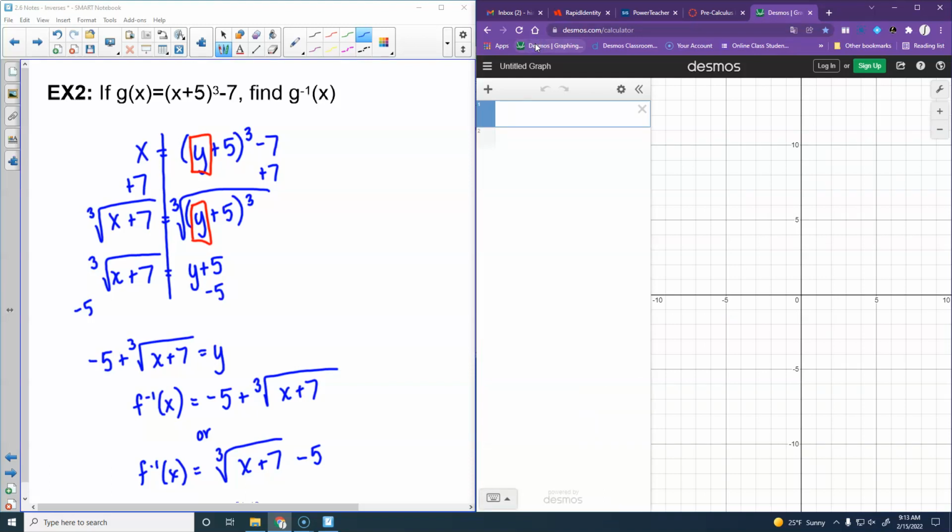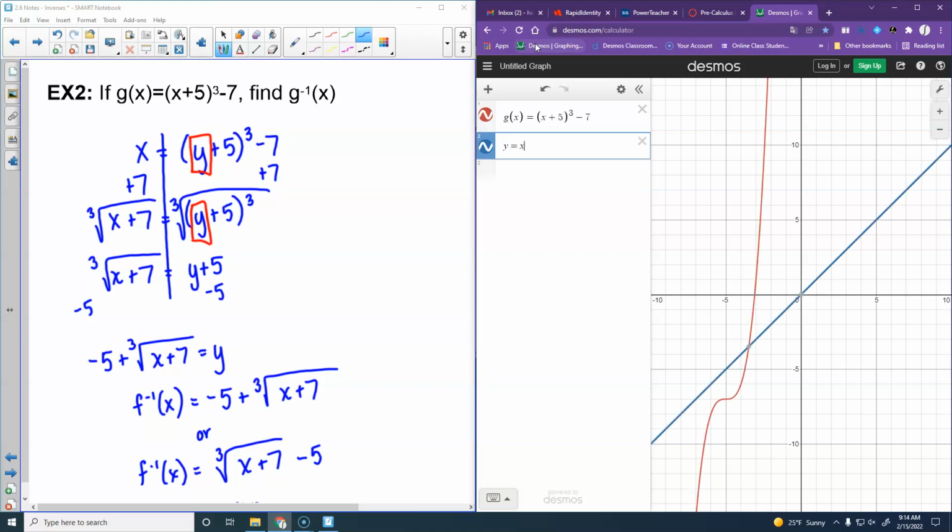Alright, so especially if it's multiple choice, as it will be for most of these, one thing you can do is you can say g of x equals, I should have used a g right there instead of an f.